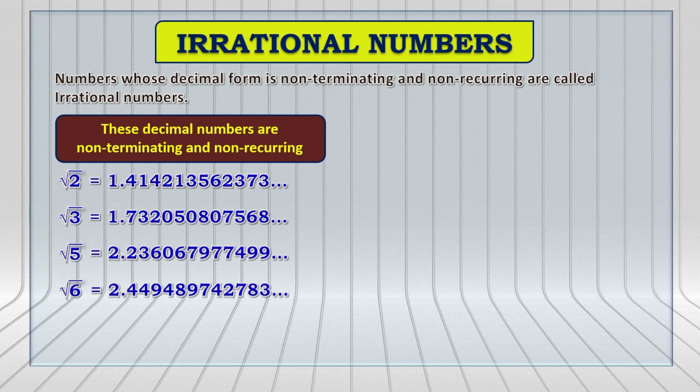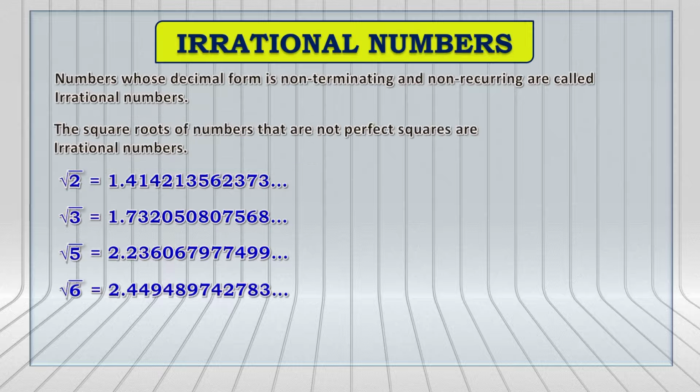So any number which is not a perfect square, if we take the square root of it, will always be an irrational number. So the square root of numbers that are not perfect squares are irrational numbers.